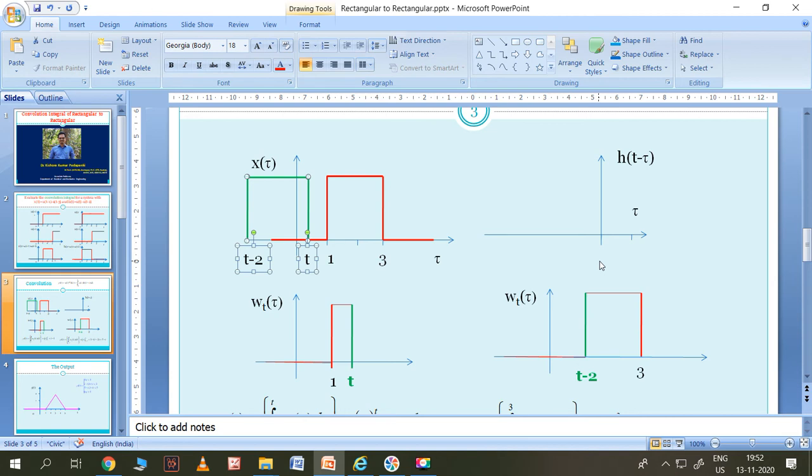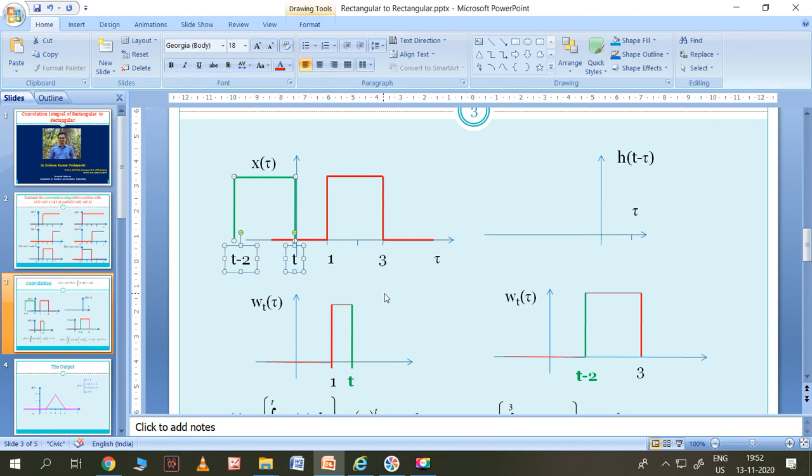If there is no overlap, it will be 0. For example, at t equal to 0, from t minus 2 to t, the red color one value is 0. So multiplication of 0 into the green color one value of 1, 0 into 1 will be 0.